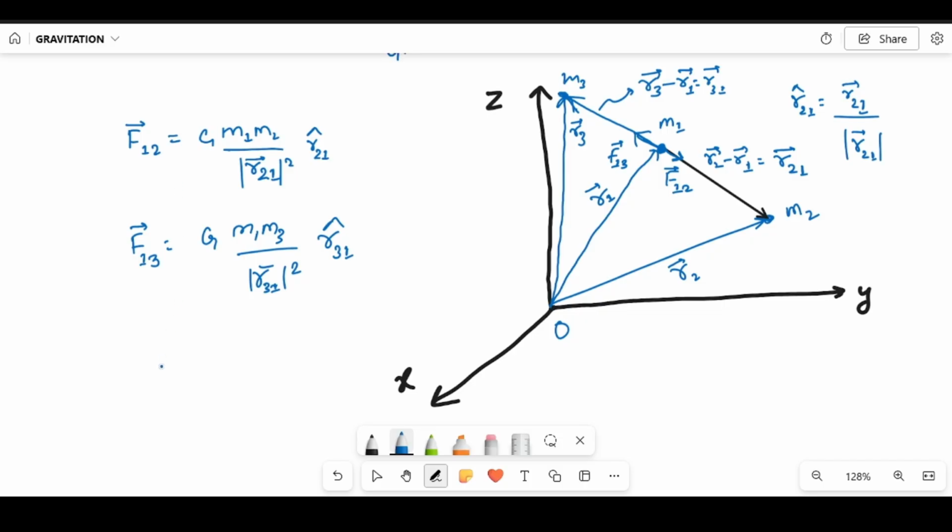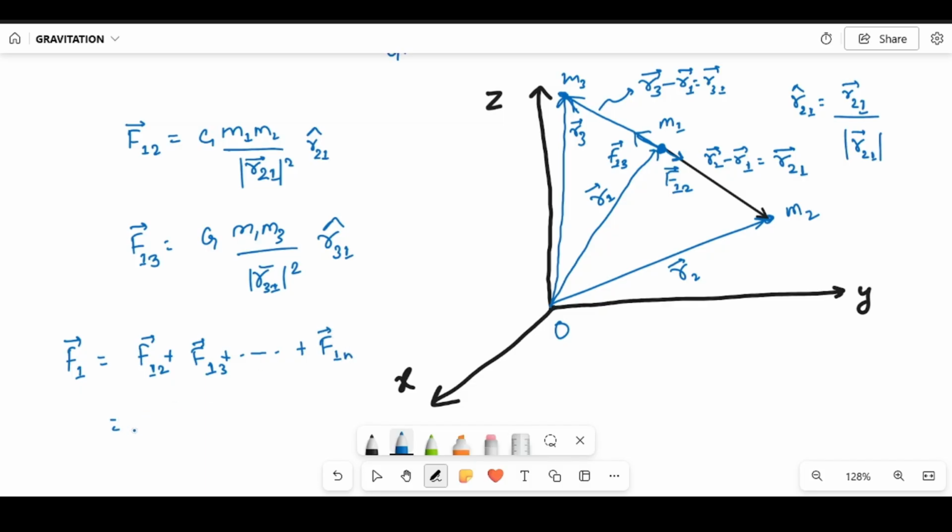Okay, so if there are n number of such masses other than this m1, we will have to go for n number of terms here, and then the net gravitational force on this body due to all the other masses, F1, is nothing but F12 plus F13 up to n terms, that is plus F1n.